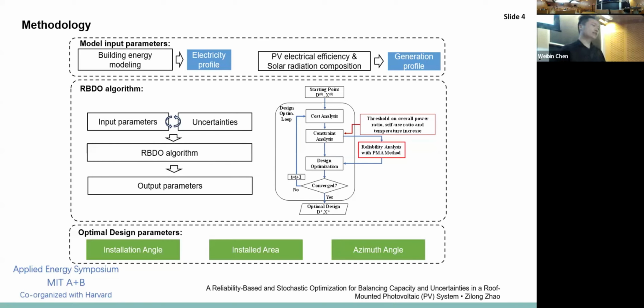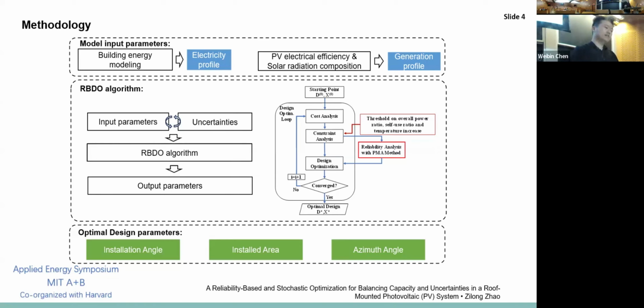And we did a solar output model to predict the solar power output based on the parameter inputs, and that is the generation profile. The RBDO algorithm combines the uncertainties with each of the design variables and random variables. In this case, we're using the standard normal distribution for those uncertainties.